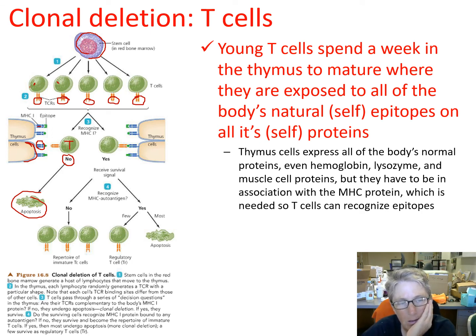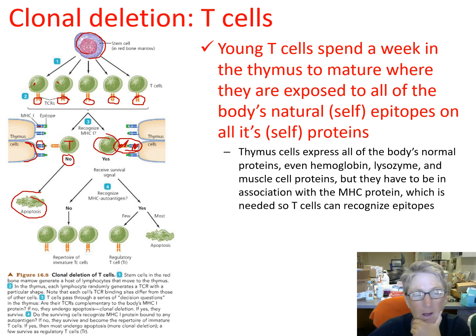If you can recognize MHC1, like this T cell can right here. So here's the T cell receptor, here's MHC with an epitope. Then that's good. This guy gets to survive. Next step, does this T cell recognize an autoantigen or a self-antigen?